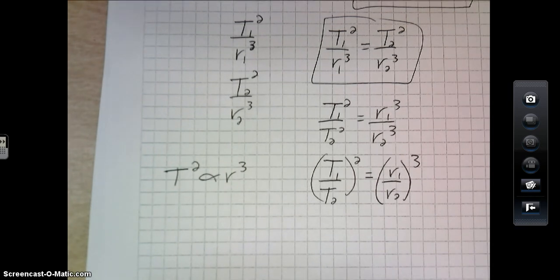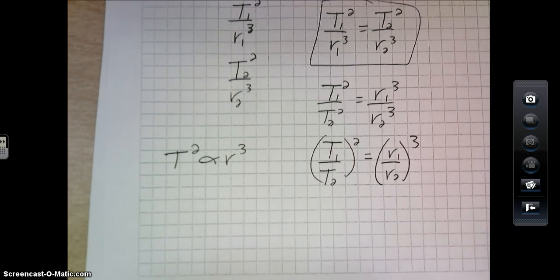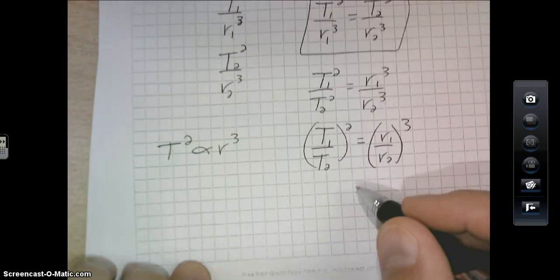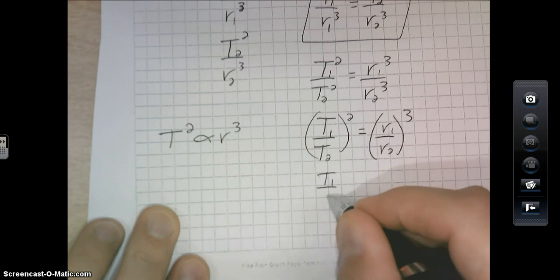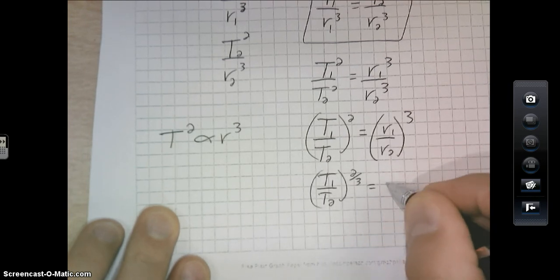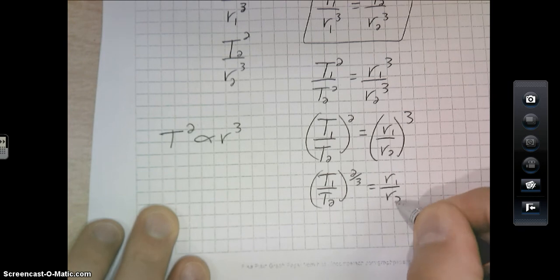Now, one other thing that I think should be fairly important for problem solving: if you're given 3 of the 4, you've got to get rid of these exponents on either side. So if I wanted to solve for, say, a radius, I'd have to get rid of the cubed. Then you would end up with T1 over T2, and that would be to the 2/3 power equal to r1 over r2.